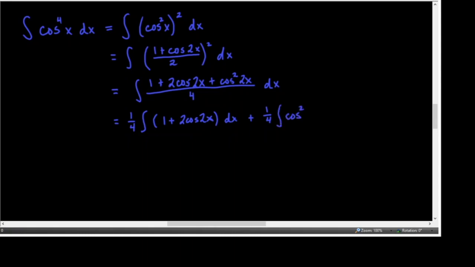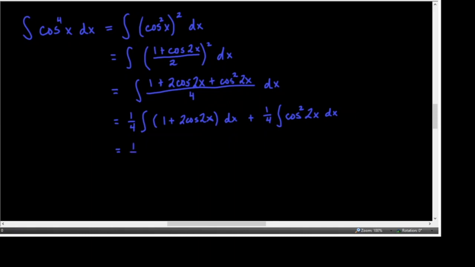Because this is another problem, I'd be tempted to use u as cosine of 2x, but I won't have my du, which will involve sine of 2x. So I'm going to have to use that identity again. So whenever you have an even power of cosine or sine and none of the other function to be your du, you're going to have to use this, perhaps repeatedly, the identity for power reducing.